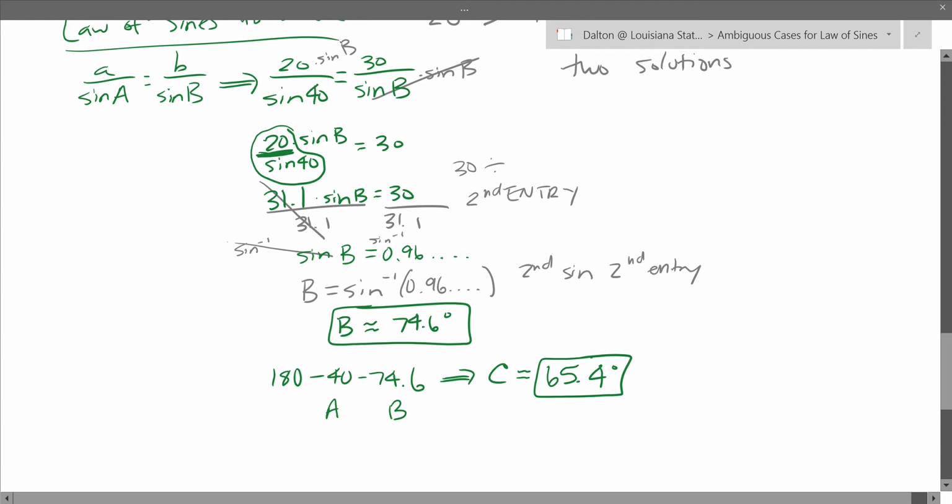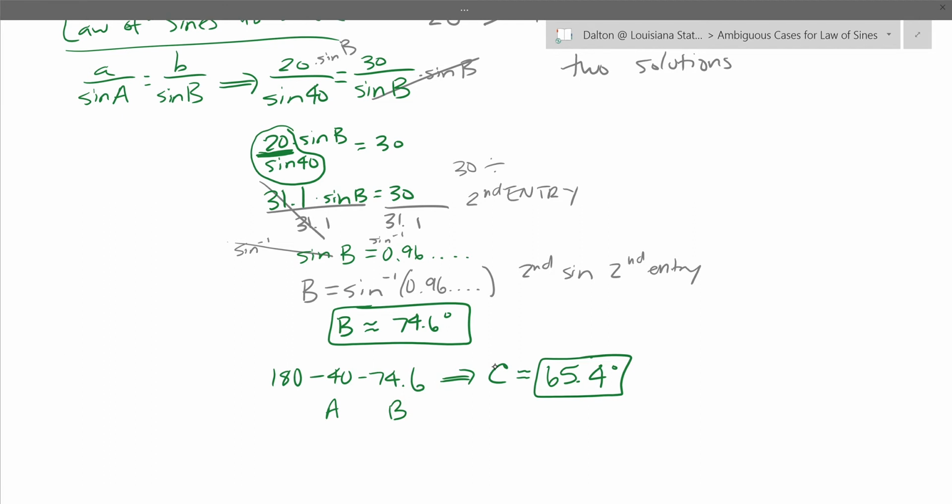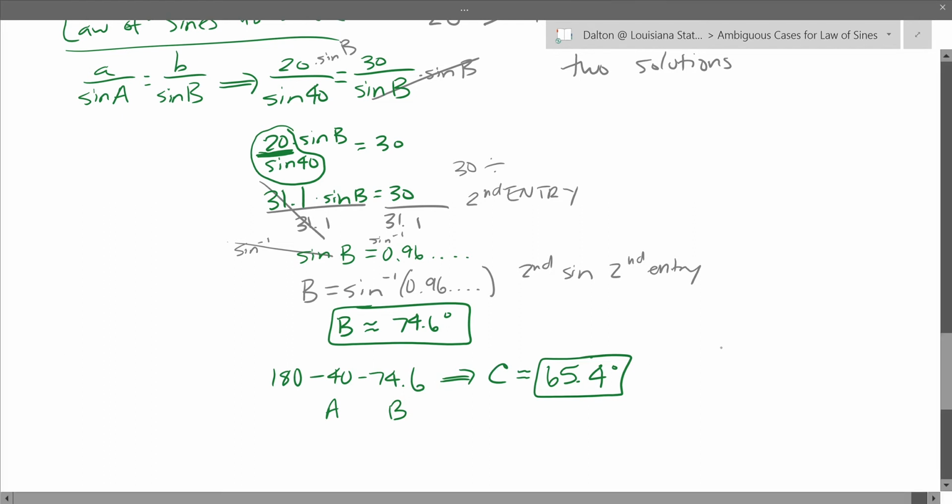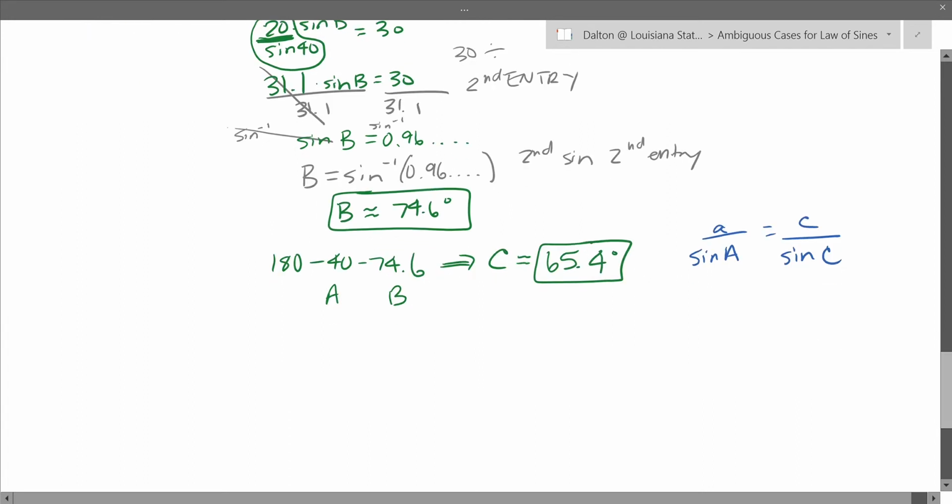So then if we use, let's say, A over the sine of A is equal to C over the sine of C, then A over the sine of A will be 20 over the sine of 40, is equal to C, which is what we're trying to find, over the sine of the angle we just calculated, 65.4.